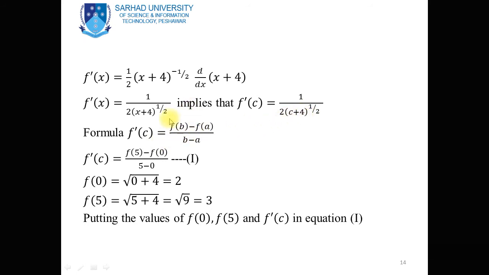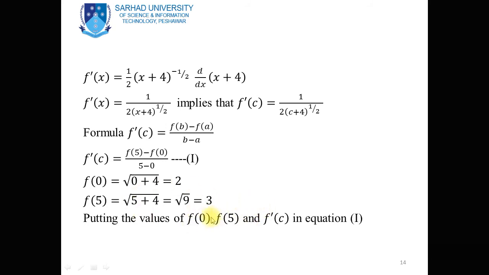Now since this is the mean value theorem, we calculate the function value at x equal to a, and the value is 0 for the given interval. So under root 0 plus 4 is equal to 2, and the function value at x equal to 5 is under root 5 plus 4, which is under root 9, equal to 3.